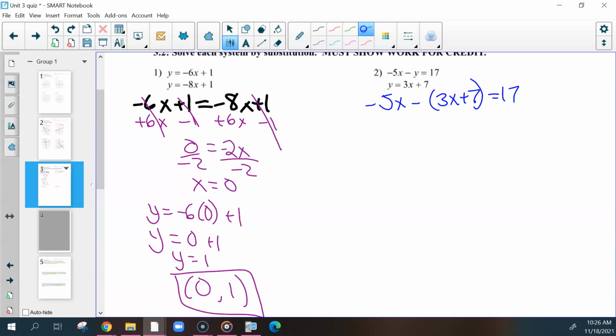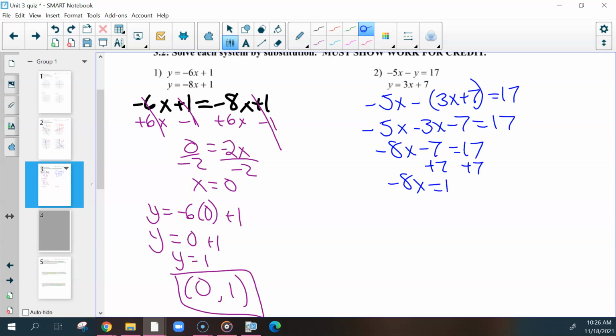So you would take that second equation and put it into the first and solve. Once you get your value, I'm doing math in my head and not typing it out.